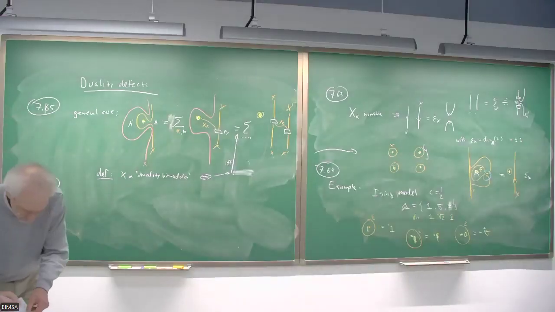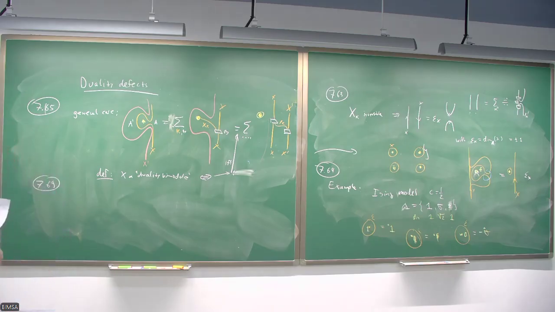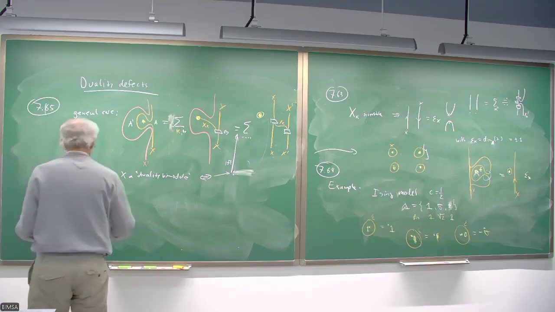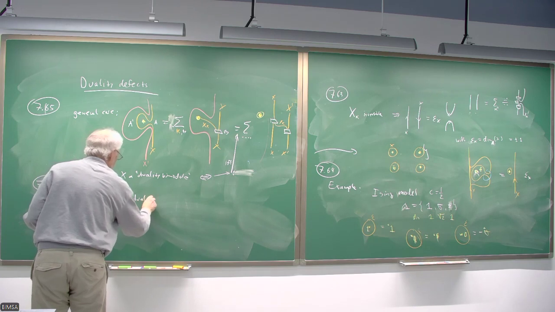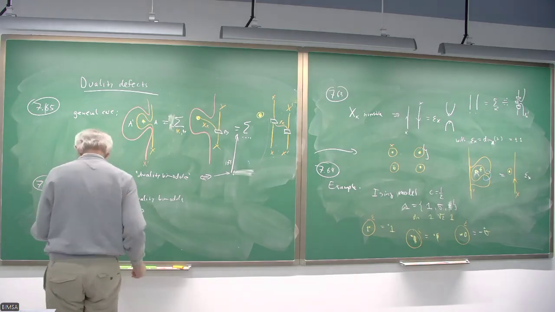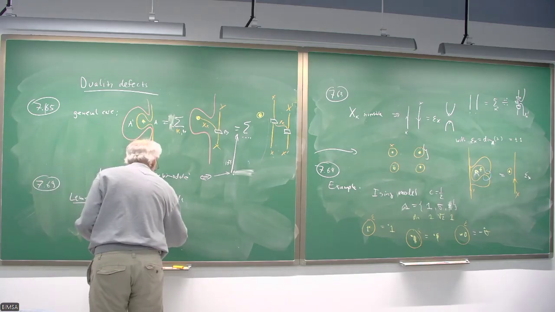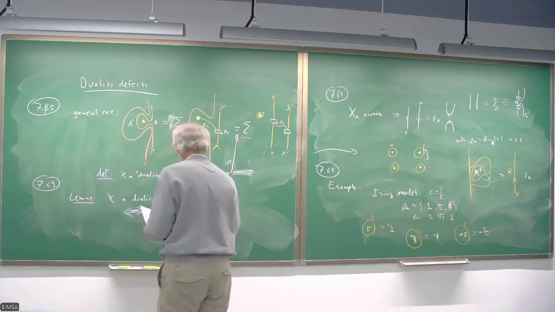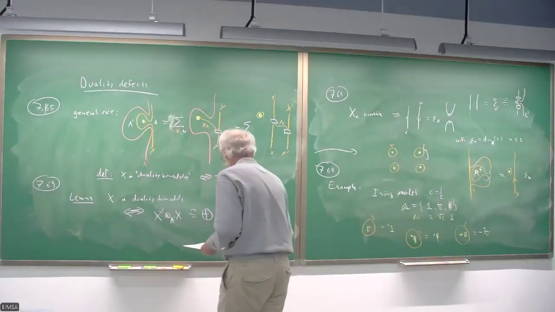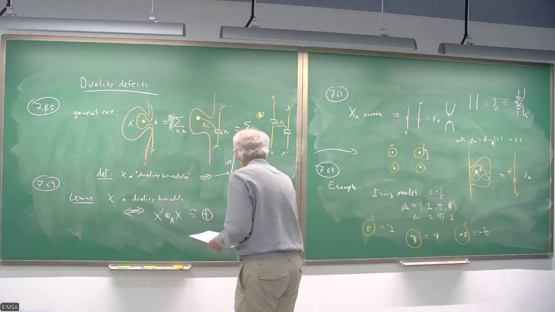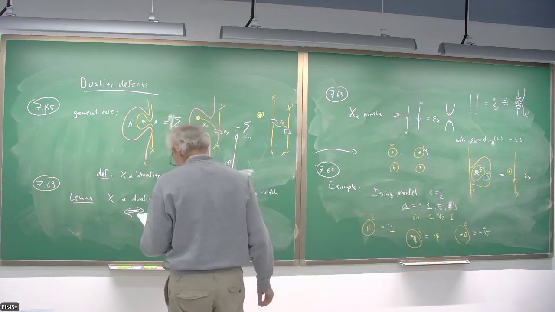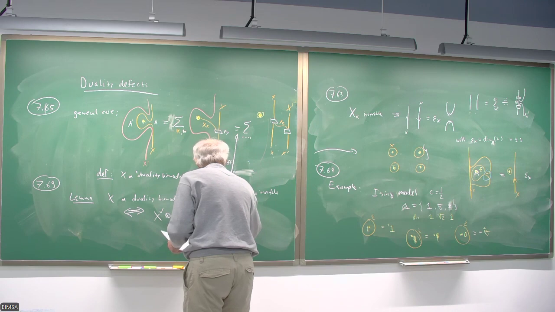I switched here to 79 because probably again I could not read my own handwriting. There's the following lemma. X is a duality bimodule if and only if the tensor product over A prime of X dual with X is isomorphic to a direct sum of simple invertible, well, invertible implies simple, we have seen, bimodules, possibly with some multiplicity.